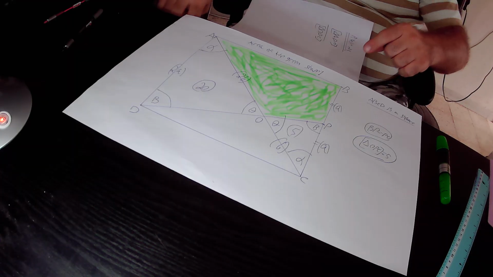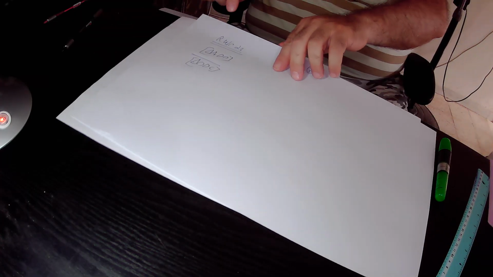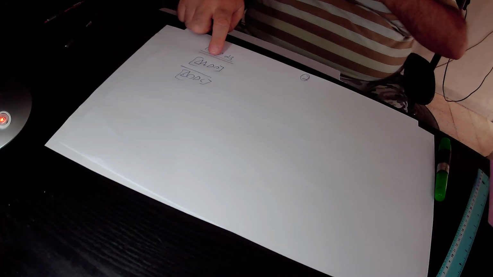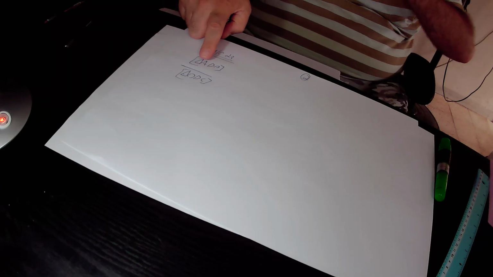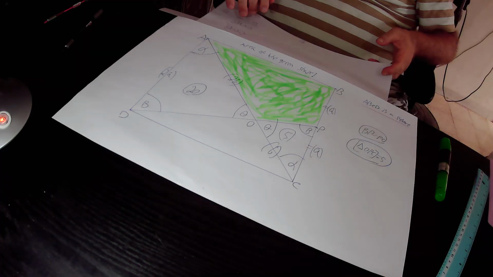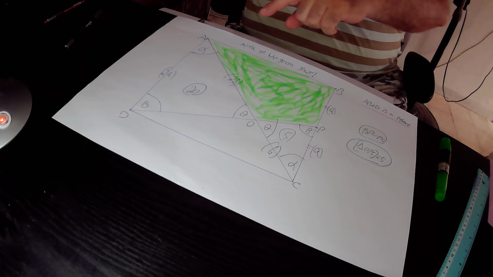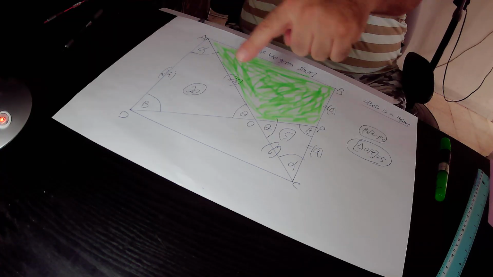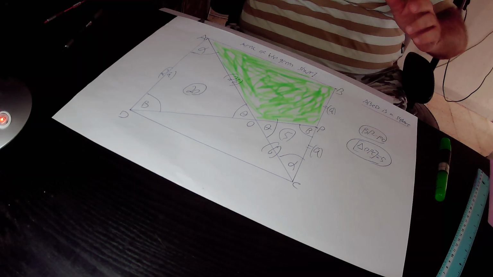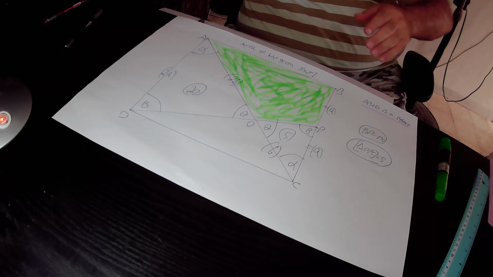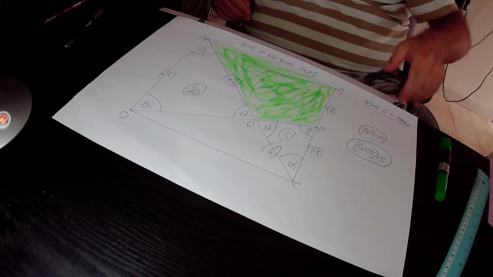And again, the ratio between the areas of those two small triangles is equal to the ratio between the area of triangle ADO over the area of triangle ODC. And that ratio is equal to the ratio between their corresponding bases. The base of this triangle ADO is AO, and the base of this triangle OCD is OC. The ratio between their corresponding bases is of course AO over OC.